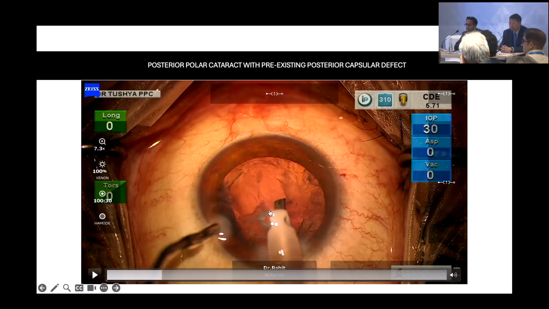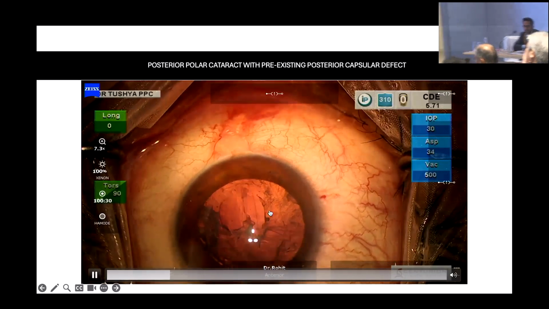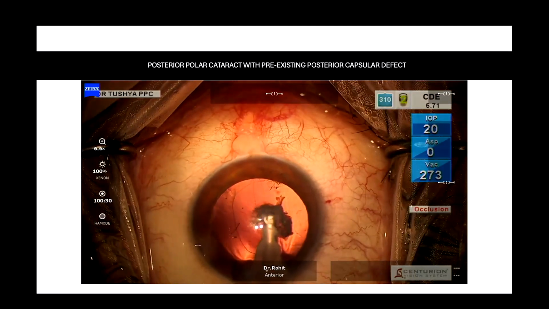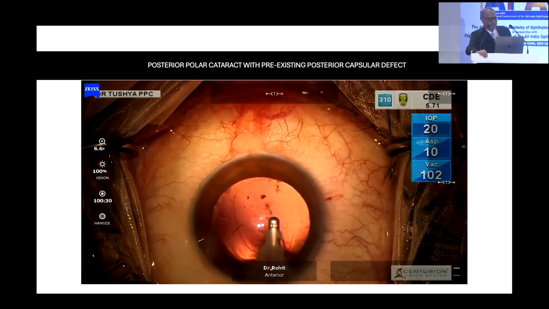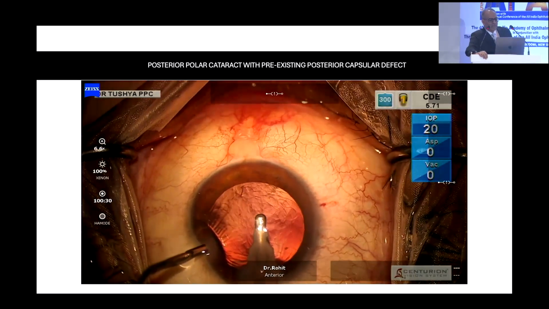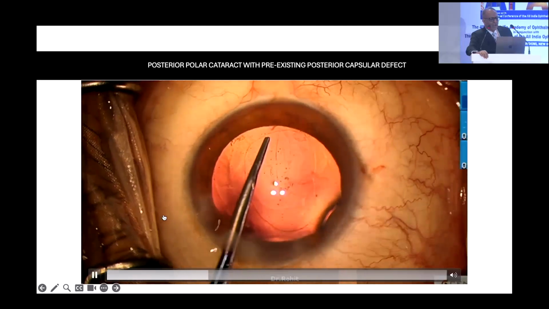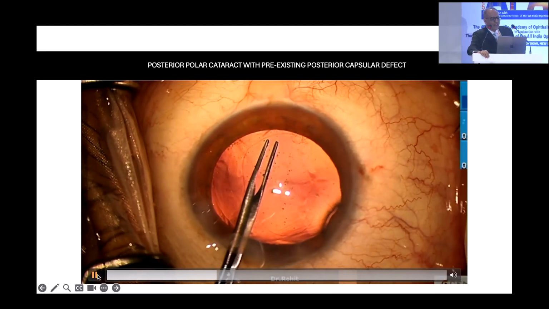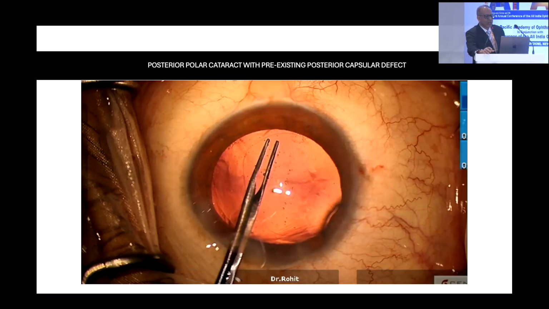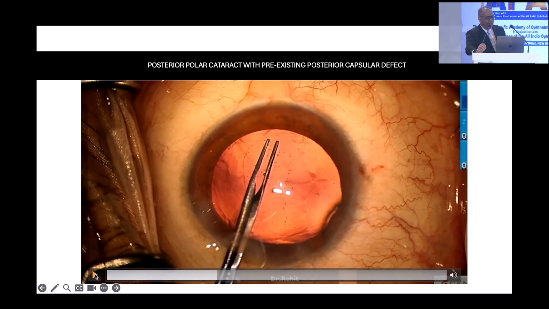Absolutely. So I just continued stable chamber settings, did IA, because once that was done, stable chamber settings again, because of the low IOP which I usually use in these posterior polar cataracts, I give it a try whether I can pull the end of the tear back or not.